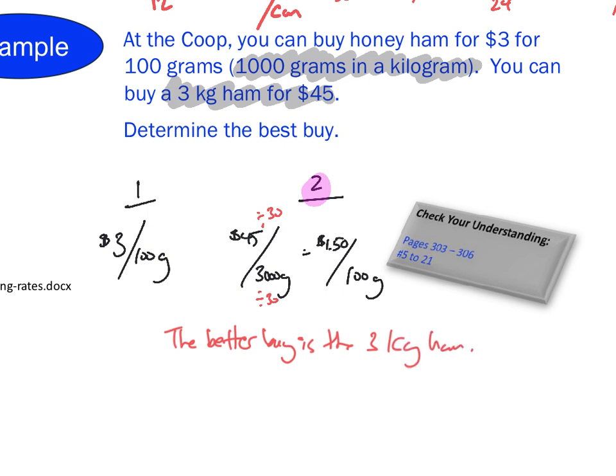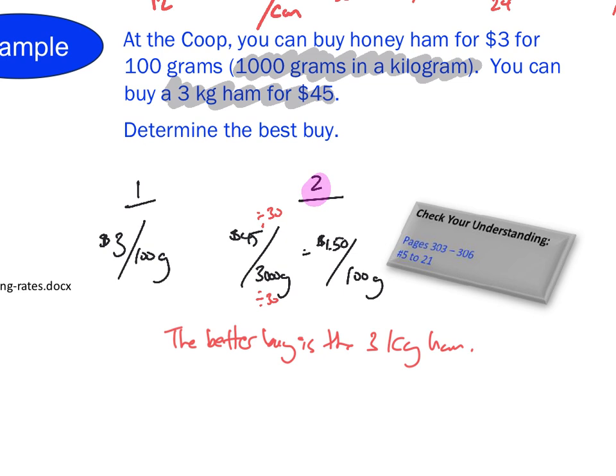Now here's the thing though, even though that is the case, there are a couple of things to keep in mind here. First of all, if you are on a budget and you're buying a bunch of other things, you might not be able to buy a 3 kilogram ham.